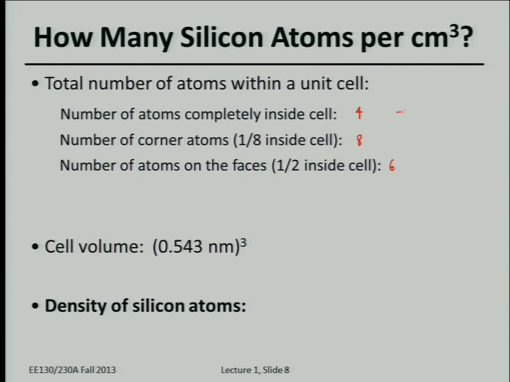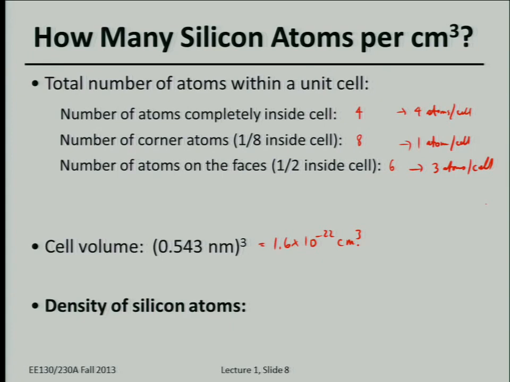So this is 4 atoms per cell. This is 1 atom per cell. And this is 3 atoms per cell. And we know the cell volume. Okay, so this is 1.6 times 10 to the minus 22 centimeters cubed.